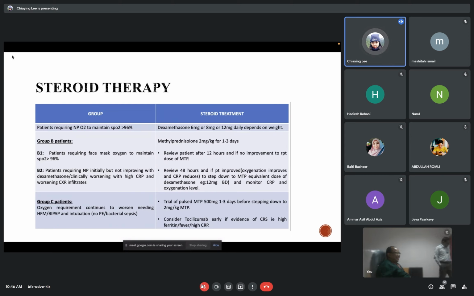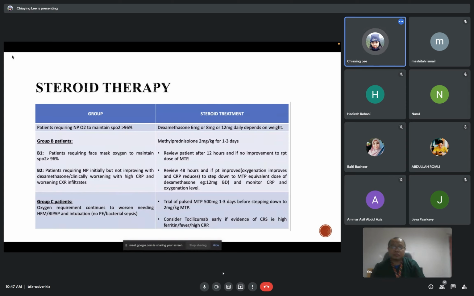In this kind of patient, we give 6 milligram OD for 5 to 10 days. But if the patient came in with a high oxygen requirement or high CRP, ferritin and all, we can start them with 8 to 12 milligram in BD dose. 8 milligram for those with less than 100 kilo and 12 milligram for more than 100 kilo.